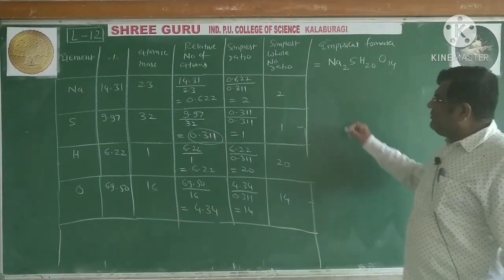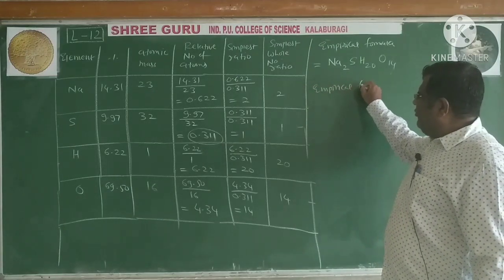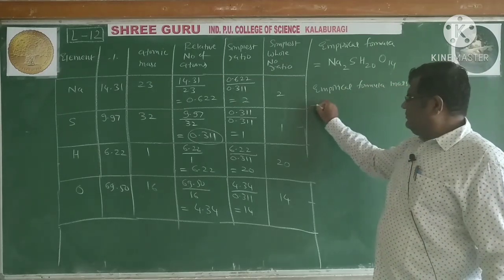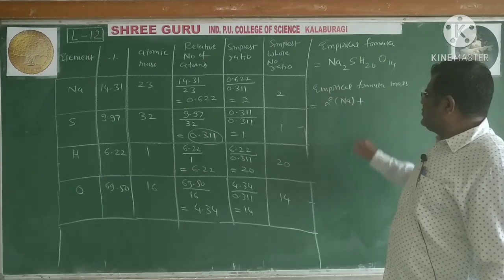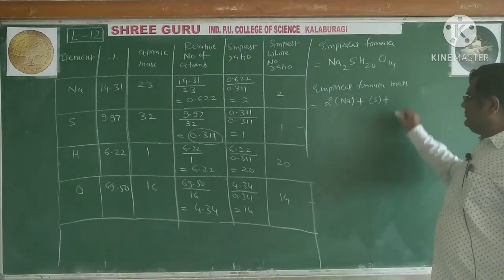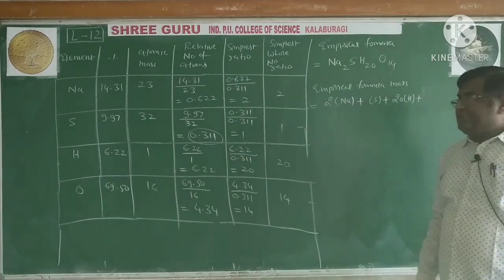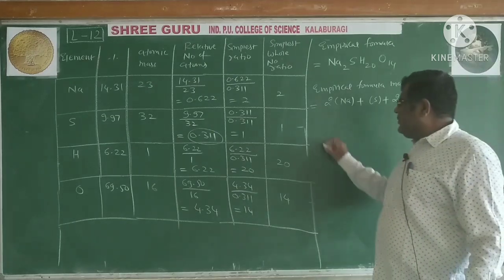Molecular mass we have to calculate. So the next step is the empirical formula mass: 2 into atomic mass of sodium, atomic mass of sulfur, 20 into atomic mass of hydrogen, 14 into atomic mass of oxygen.